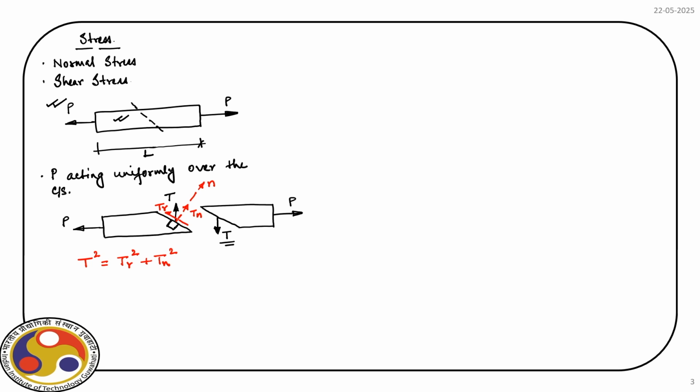So, what we can see is that the moment we take a cross section and consider a differential element, then we get two components, one along the perpendicular and the other one along the plane itself. Now, if we draw the free body diagram of this differential element, what we have?